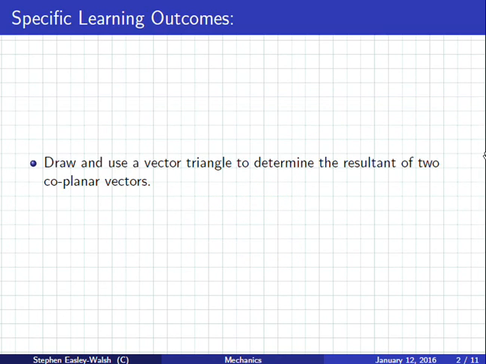Okay, vector triangle. Right, so we're going to continue talking a little bit about vectors.